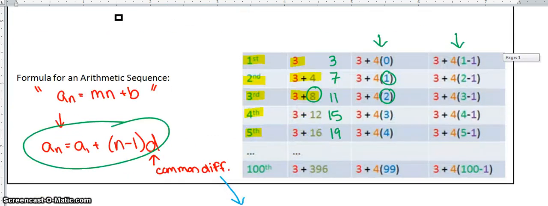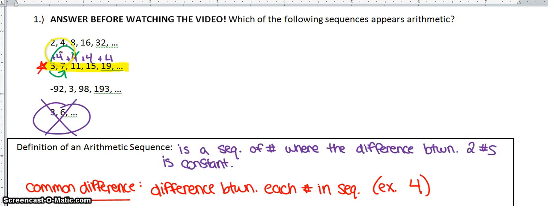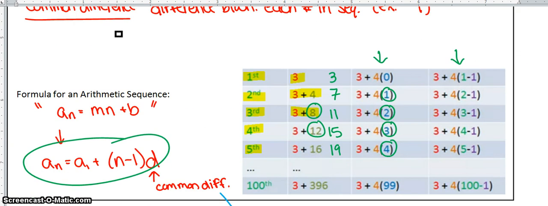To get the fourth term, I had to add 3 4s, which is 12. So I added 4 three times. The next one, I added 4 four times, right? To get from 3 to 19, I had to add 1, 2, 3, 4 4s. That's what this column is describing.